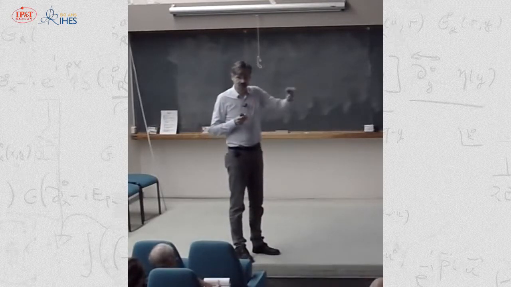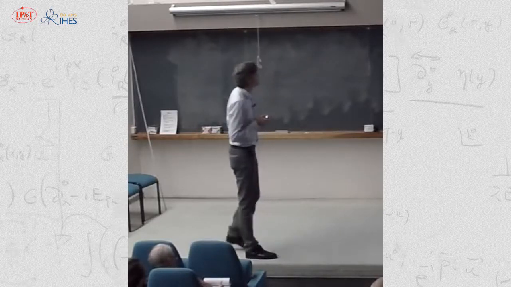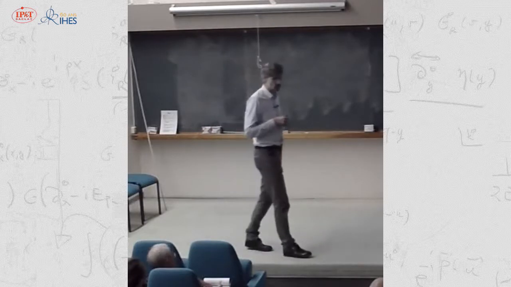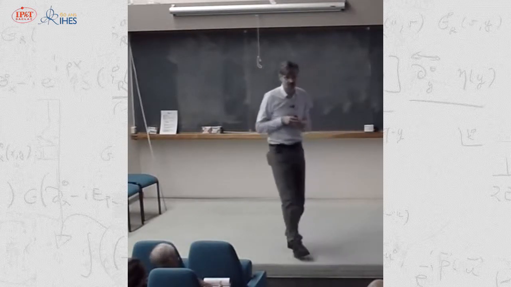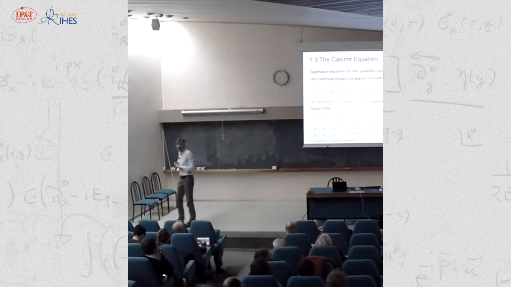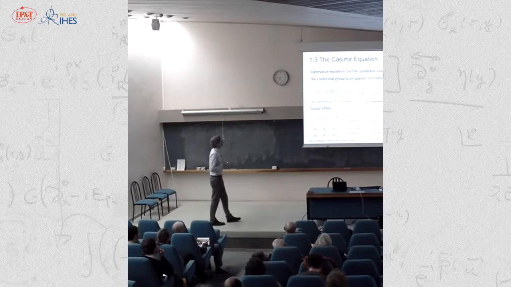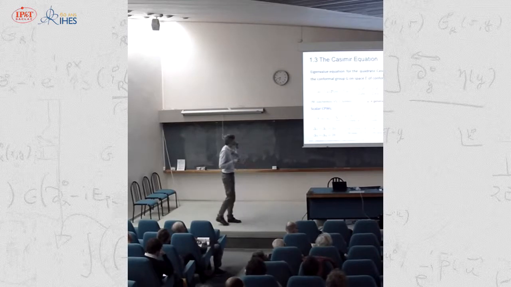You can then explicitly show that the second order differential equation, the eigenvalue equation for this problem, is actually equivalent to these equations that Dolan-Osborne used in their papers to characterize scalar conformal blocks. But of course here this is already significantly more general, because this explicitly includes also the case of spinning conformal blocks.